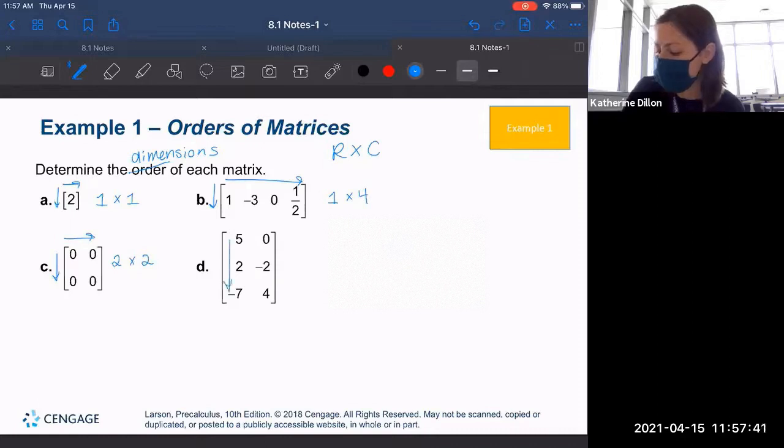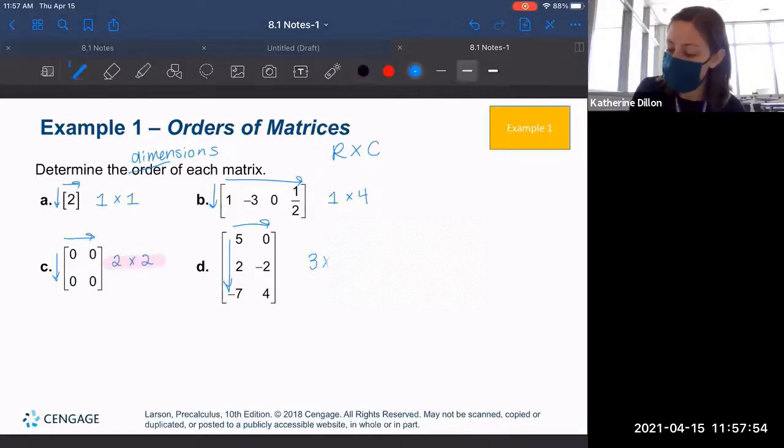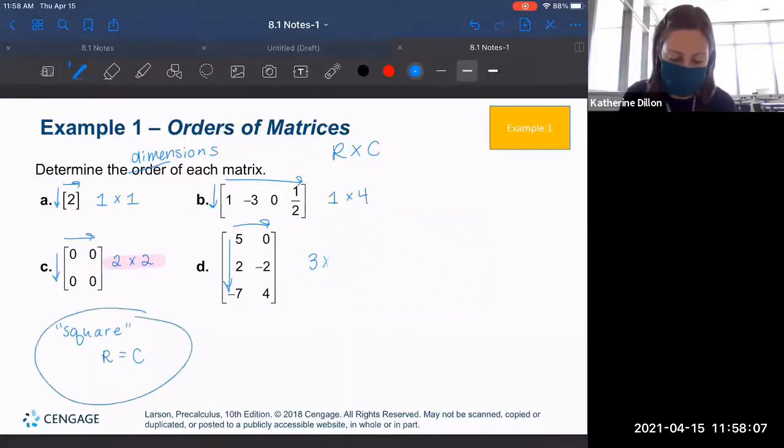D, we've got 3 rows, 2 columns. That's a 3 by 2 matrix. Those ones that have the same number of rows and columns are called a square matrix. There's a lot more things we can do with a matrix when they're square, and that's just when the number of rows equals the number of columns. Feel free to write that on your notes page if you want.